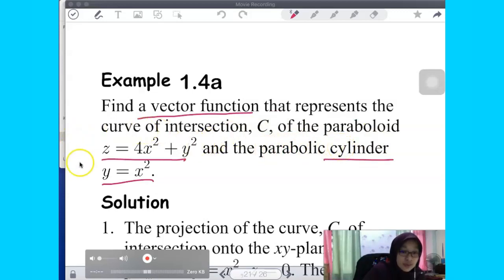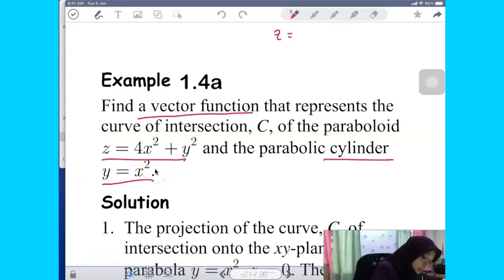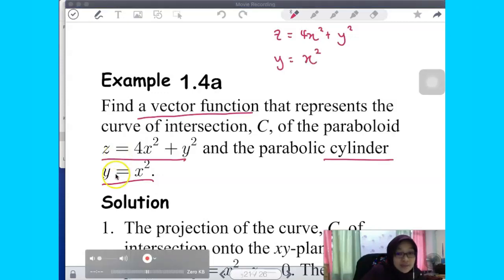Just focus on the equation that we have. You are given the function of z, which is 4x squared plus y squared, and also y is equal to x squared. So you can see that y depends on x, and z also depends on x, right?